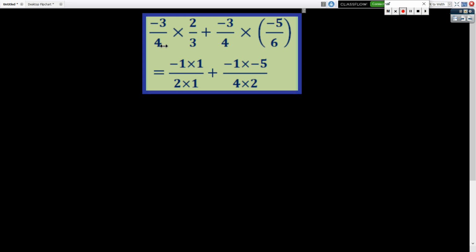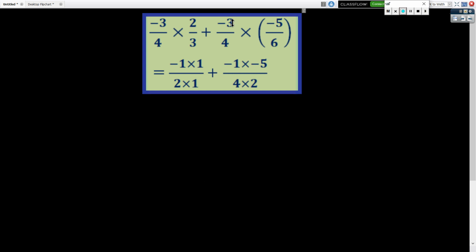Here negative 3 by 4 into 2 by 3, you can write it as 3 3 1 time and 2 4 2 times. So this will be negative 1 into 1 by 2 into 1. Similarly 3 6 3 3 1 time and 6 2 times.